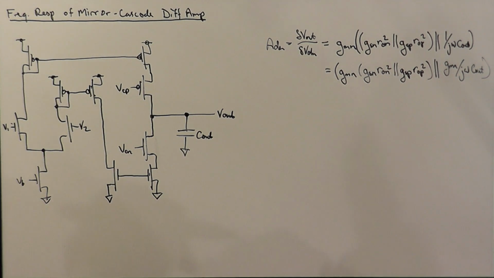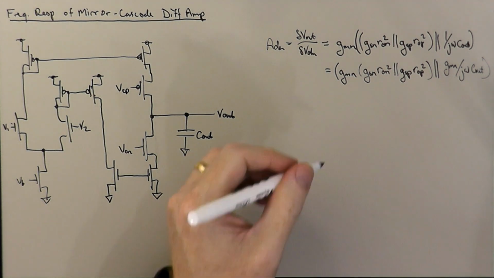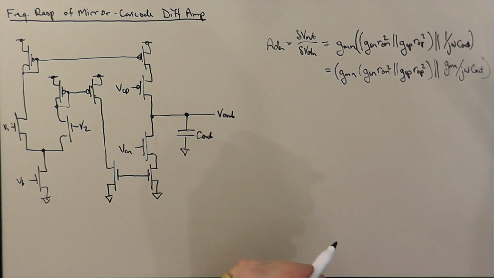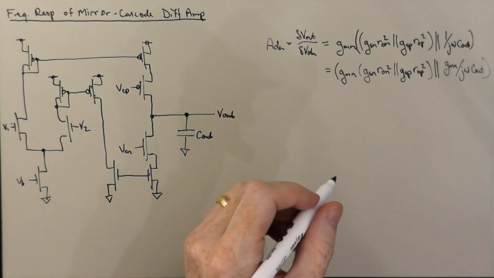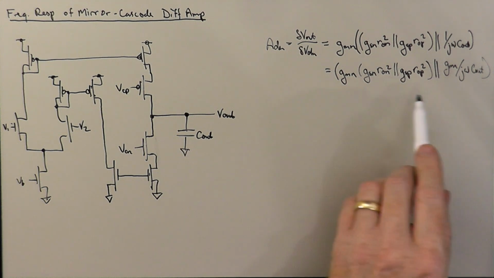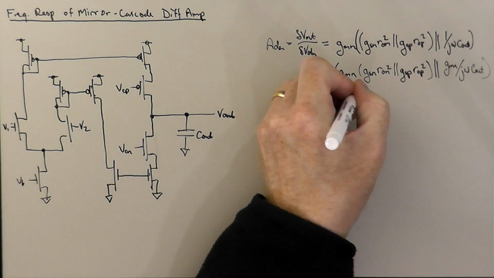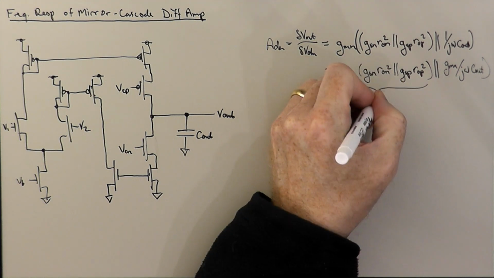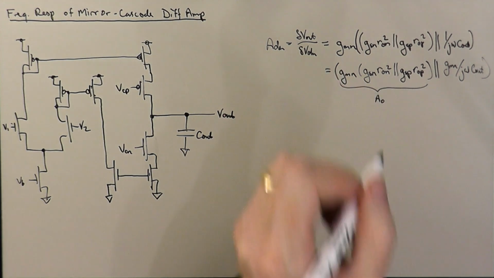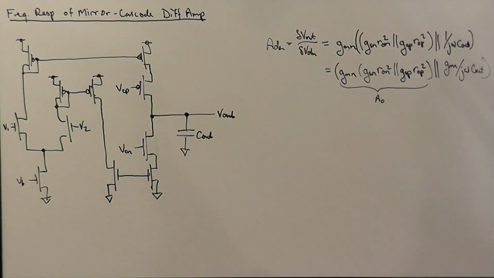But I want to try something a little bit different with this to illustrate a fairly important concept when we're dealing with frequency responses. I've got a parallel combination. I've kept this group together because this was our original low frequency gain, A0. And that's frequency independent, and it was positive, non-inverting.